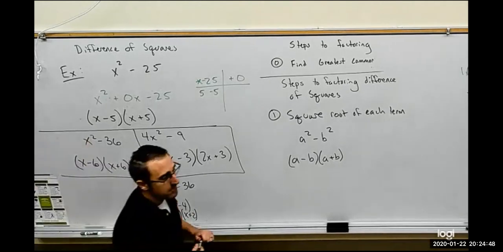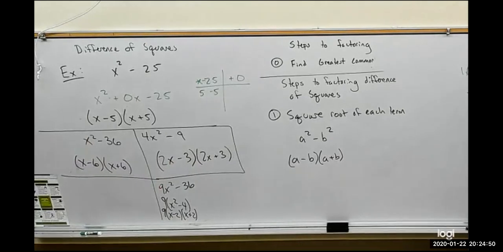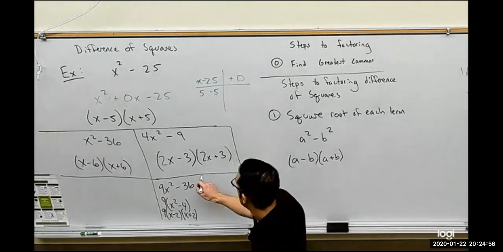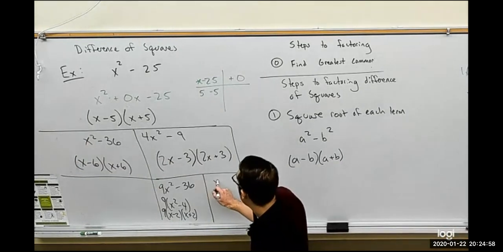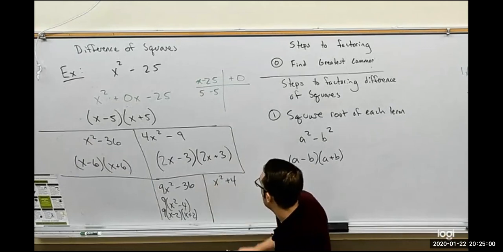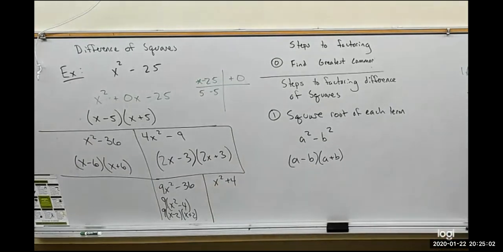I think I put some problems on the factoring homework that were not difference of squares. So what if we had something like x squared plus 4? X squared plus 4 will not factor. This is prime.